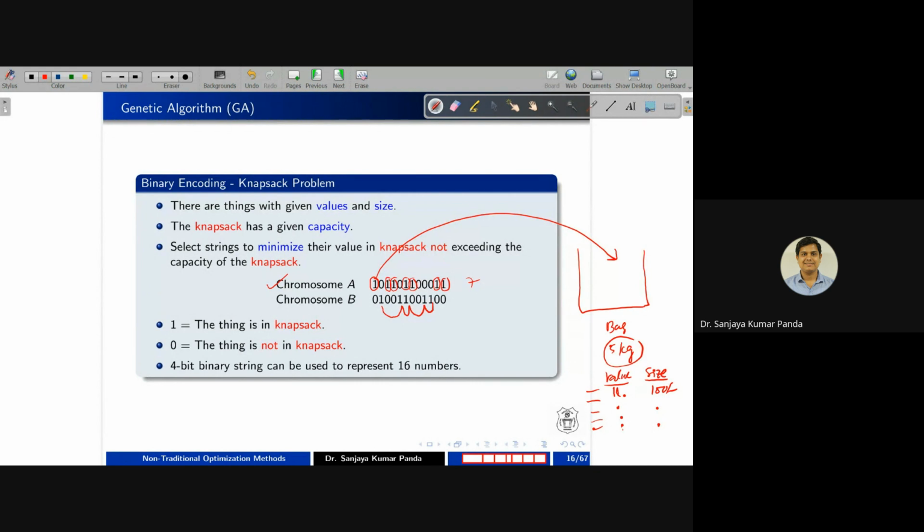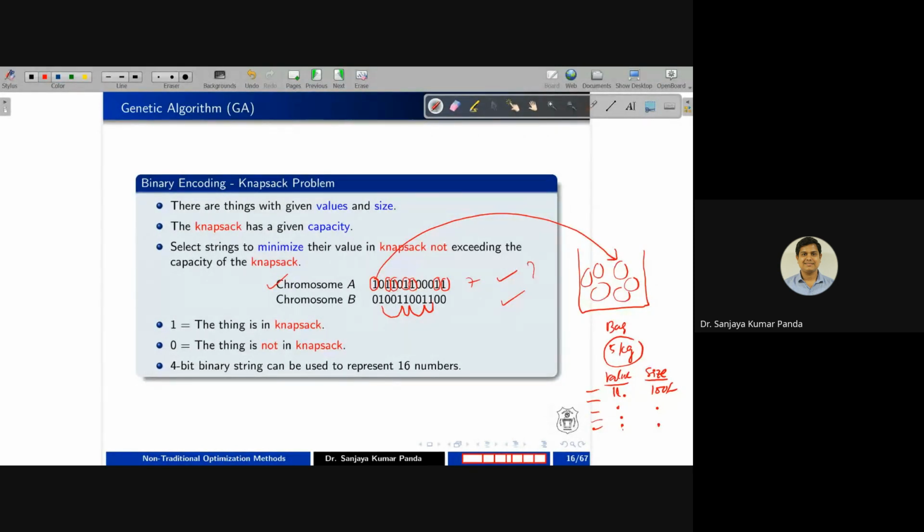So you have to put the items in such a manner that it will fill 5 kg, and the number of items you are putting, their value is, let's say, minimized or maximized, for example. So when we talk about value may be minimized and value may be maximized, you have to generate different types of chromosomes to provide the solution. So this chromosome A is also giving a solution, chromosome B is also giving a solution.